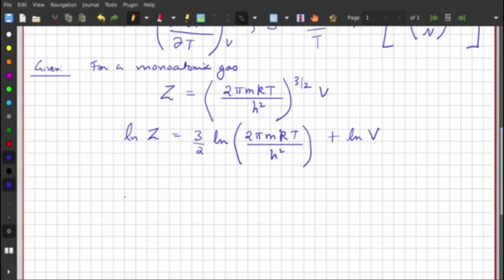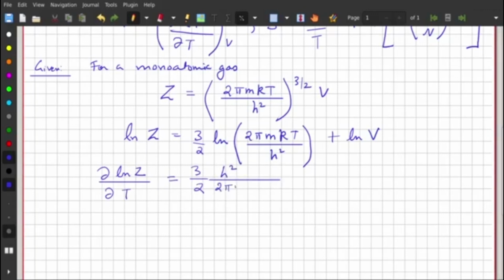And you see, if we differentiate this with respect to temperature, the partial derivative of log z with respect to temperature is given by 3/2. The derivative of log is 1 over that thing, so this becomes h square divided by 2 pi m kT times the derivative of the argument of the logarithm, so that becomes 2 pi m k by h square, and the derivative of T with respect to T is 1.